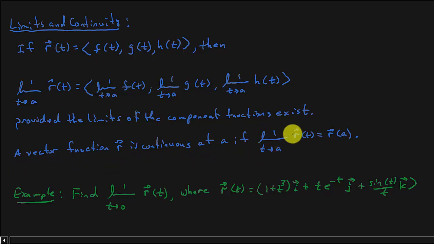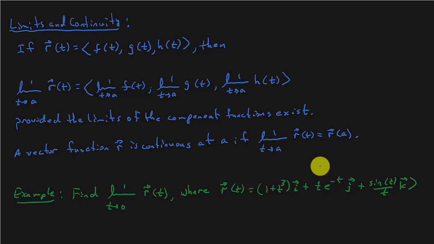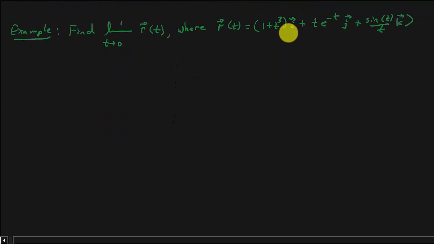A vector function r is continuous at a if the limit of r of t as t goes to a is equal to r of a. Okay, and that's similar to when you were doing limit continuity with functions. If a function was continuous, you took the limit of the function as x approached a, and that had to equal f of a. Okay, same thing here.